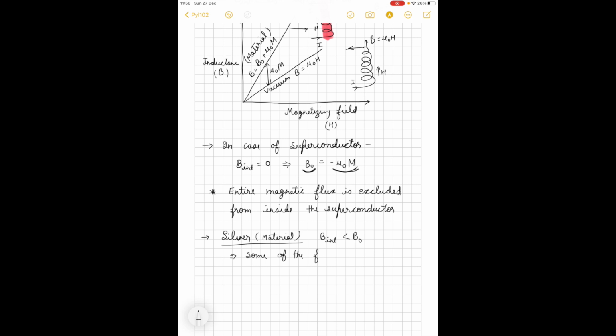Some of the flux gets excluded from inside the material.